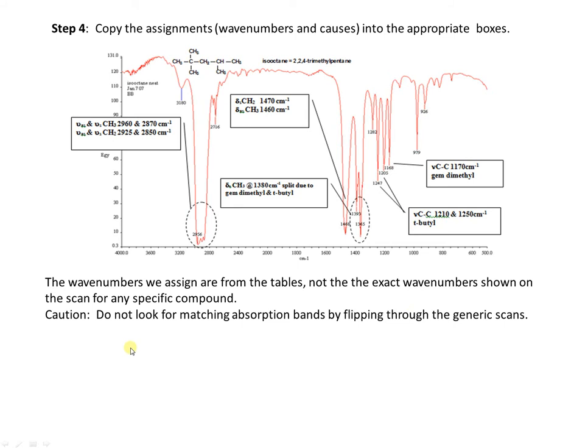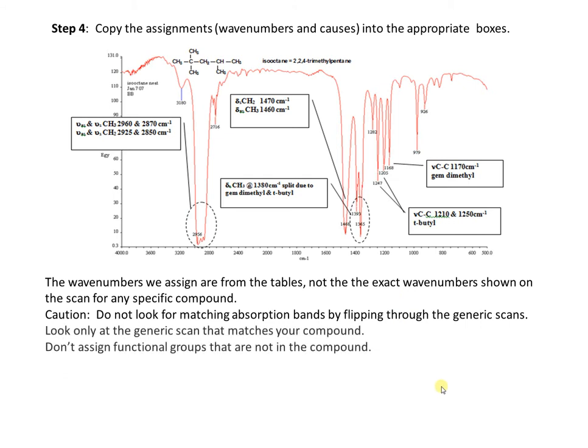A word of caution here. You do not want to look for matching absorption bands by simply flipping through the pages of the generic scans. It seems to be a fashion among some students. You should look only at the generic scan that matches your compound. Don't assign functional groups that are not in the compound. It does happen that certain absorption bands occur in a similar location as a result of different groups.